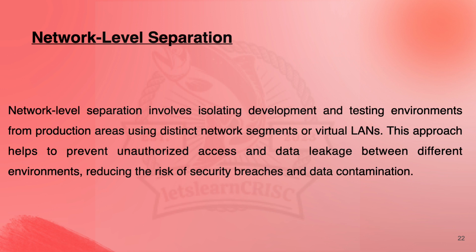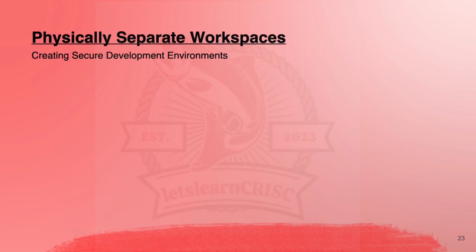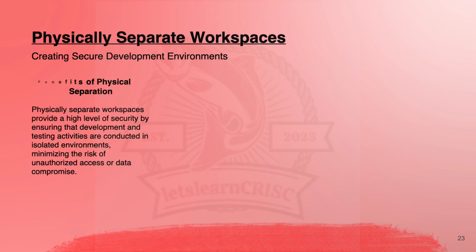Understood? Moving next, we will discuss physically separate workspaces, right? That is about the benefit of physical separation. Friends, physically separate workspaces are like having different rooms or a building for development and testing, right? Providing a high level of security.